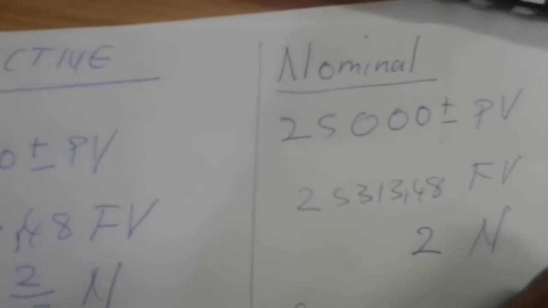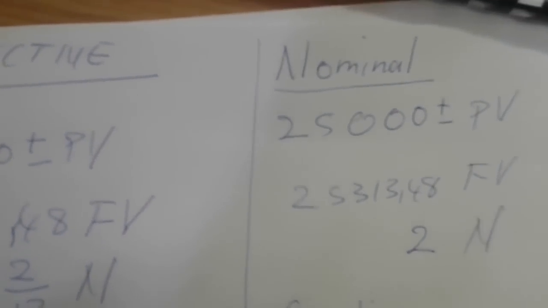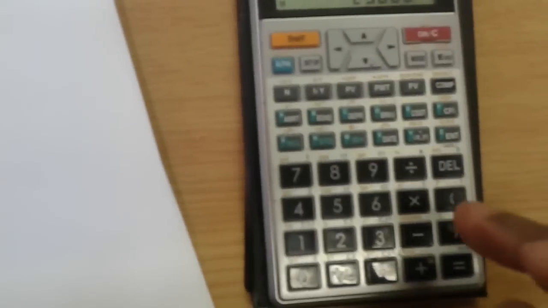Now let's compute our I. Remember, clear memory, 25,000 plus minus PV, 25,313.48 is your FV. Now your N is 2, then compute I. This is exactly what I was talking about.